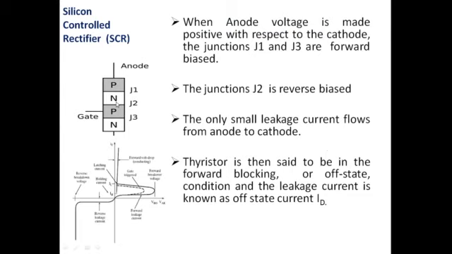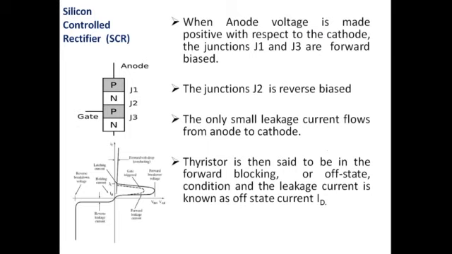Whenever breakdown happens, there is a large carrier flow through junction J2. So current flows from anode to cathode through junction J2 because of this avalanche effect. This happens when you apply more and more voltage between anode and cathode when the gate is open.